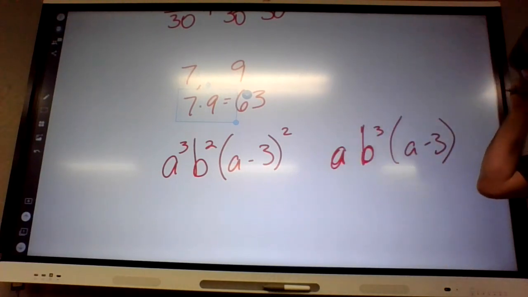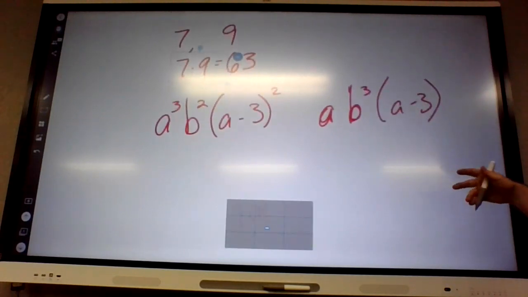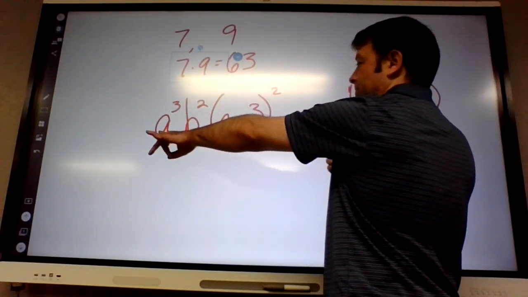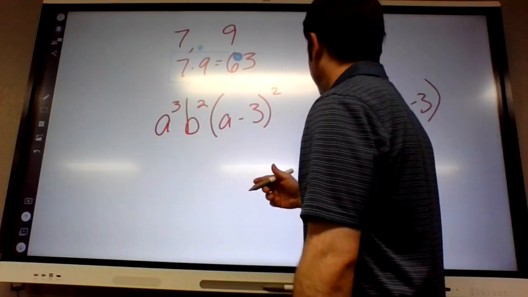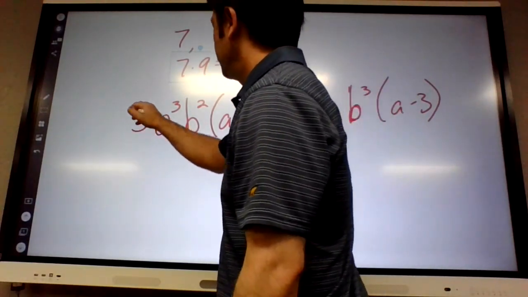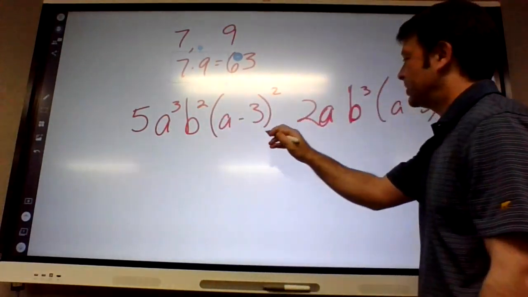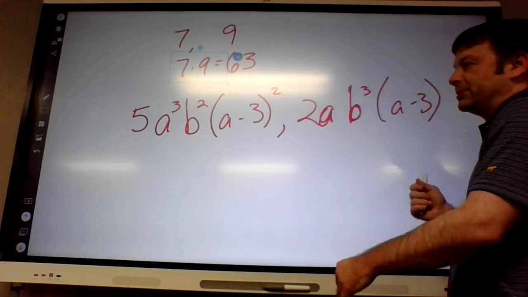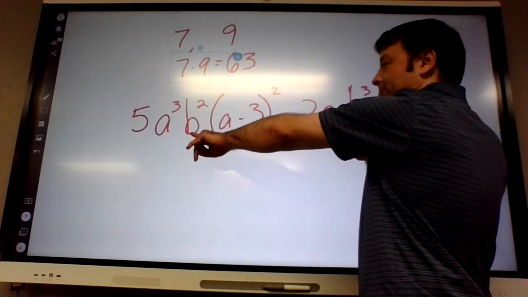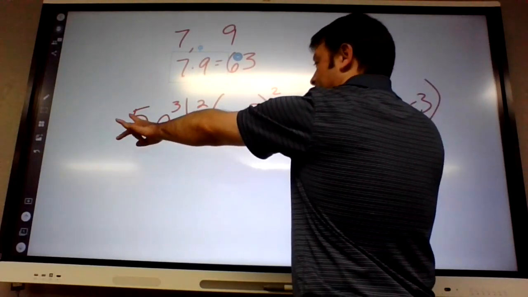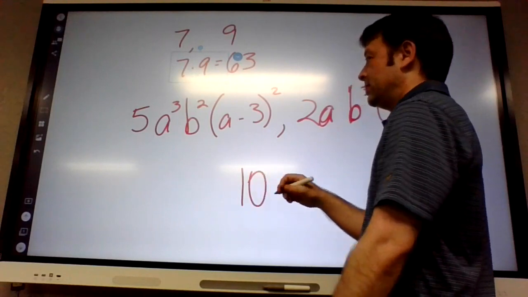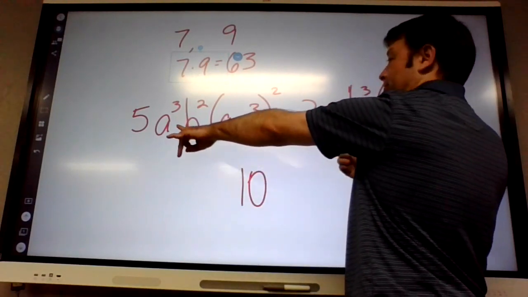What do these both go into? Well, for like the A, well, all these things really, maybe I should have thrown a number in there. Okay, what is the common denominator, well, the common multiple? These aren't denominators right now, but what can these both multiply into? So the 5 and 2 both go into what? 10. Okay, what do A cubed and A both go into?